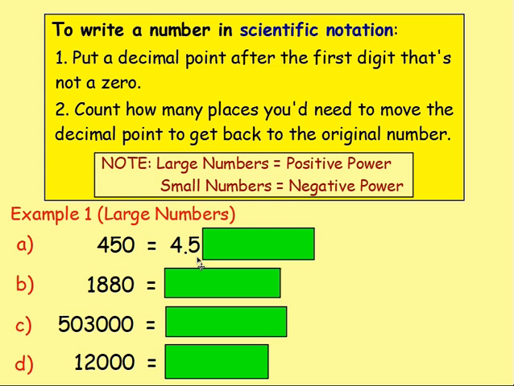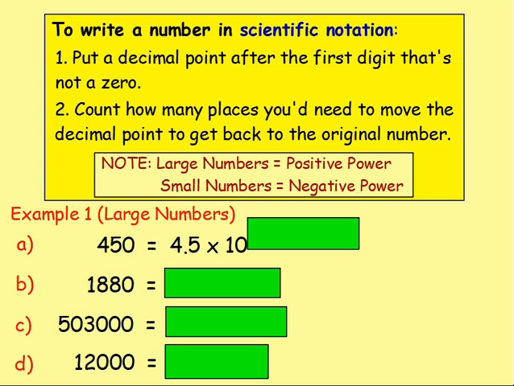What we then do is we write that using a power of 10. So we put times 10 to the power of, and we need to work out what this index is going to be. Notice I am saying that if it's a large number, like 450, then you use a positive power, a positive index. And if it's a small number, so if you get 0 point something, then you use a negative power.